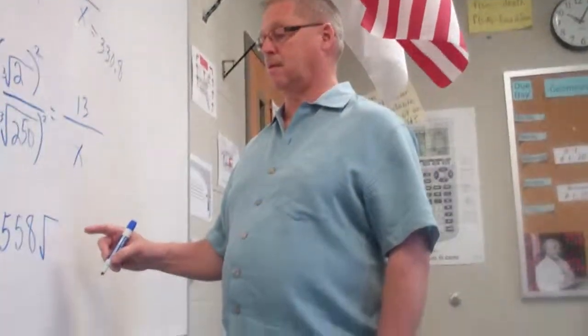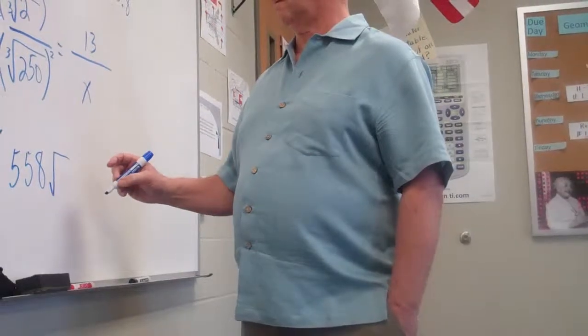When you hit the square root key, did it do the square root of 558 right there? No. It didn't do it yet? It's the square root. Should I do the power and then 3 and then push equal?